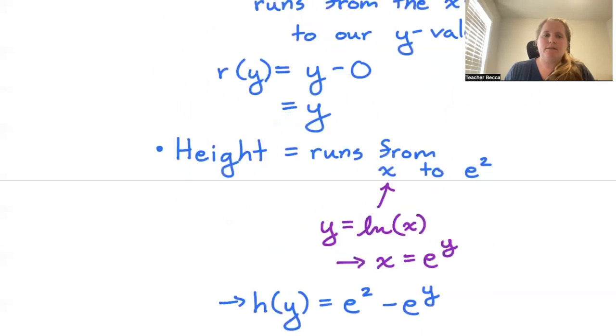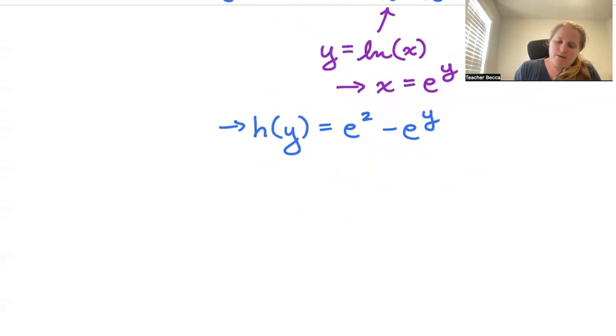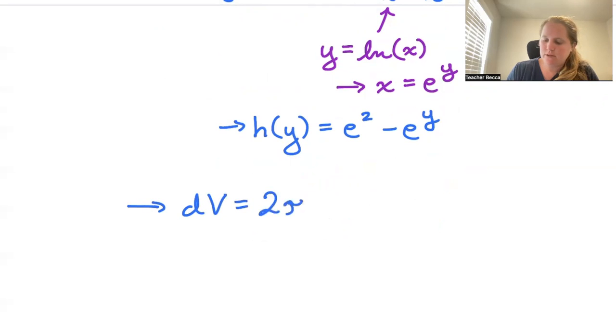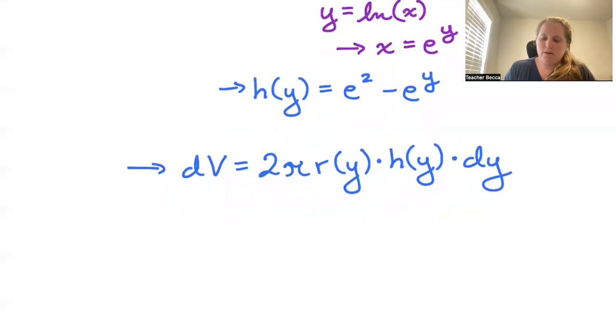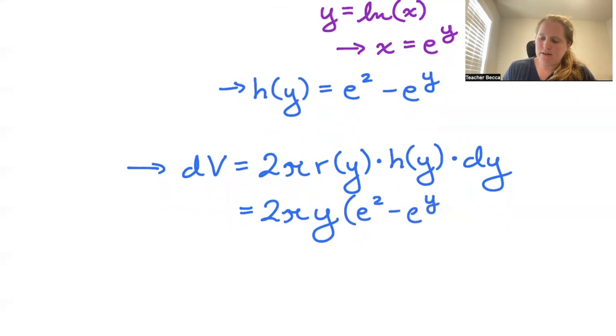Putting all this together, our dV is equal to the circumference, 2 pi r of y, times the height h of y, times our thickness dy. So we are looking at 2 pi times y times e squared minus e to the y dy.